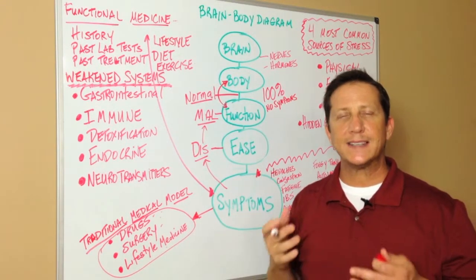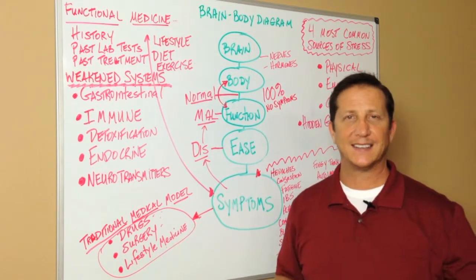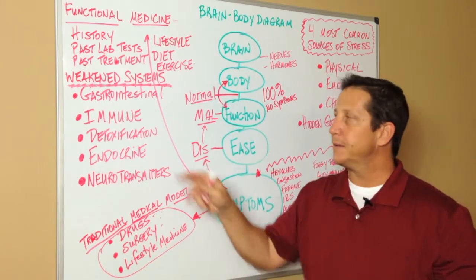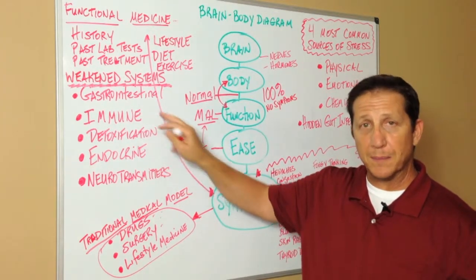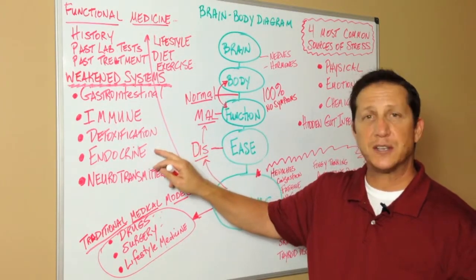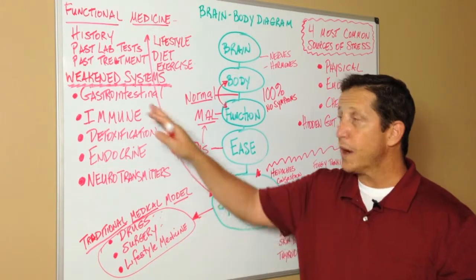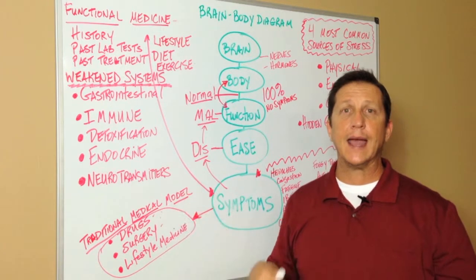The weakened systems of your body is what we should be looking at, because that's where the root problems are. The systems of your body are the gastrointestinal, the immune, detoxification, endocrine, neurotransmitters. We're going to definitely talk more about these systems of your body in the next video.